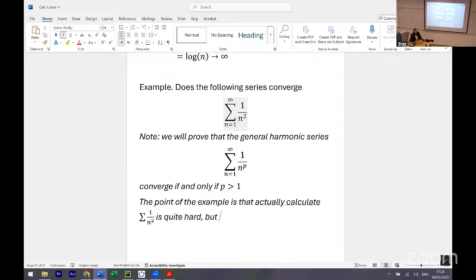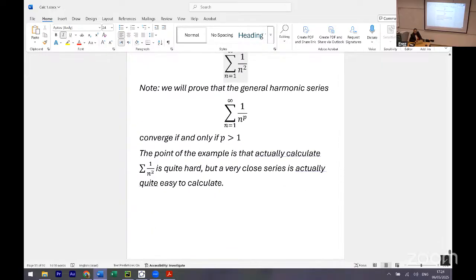But a very close series is actually quite easy to calculate. Surprising, but true.